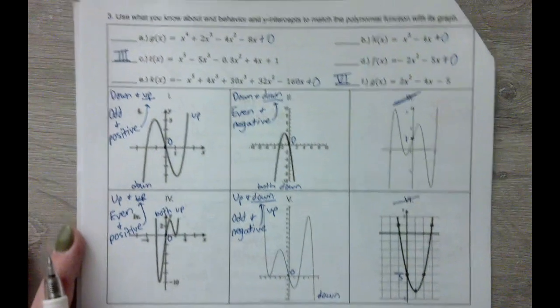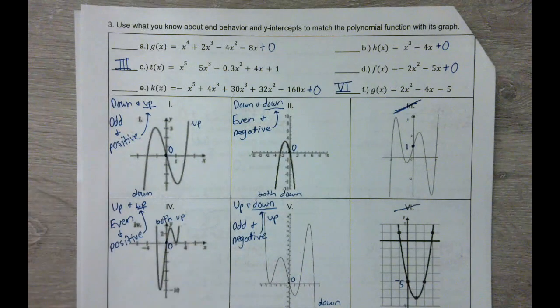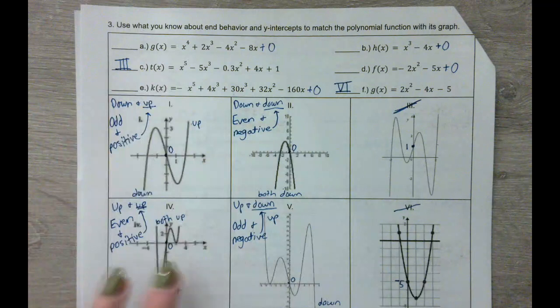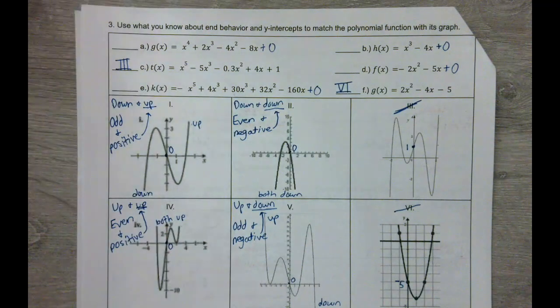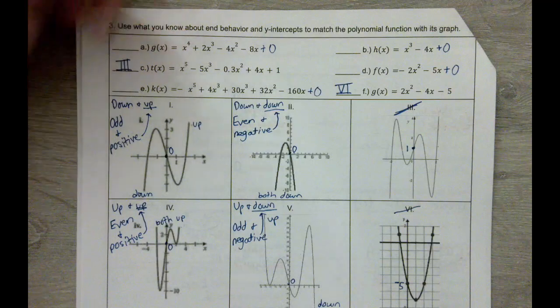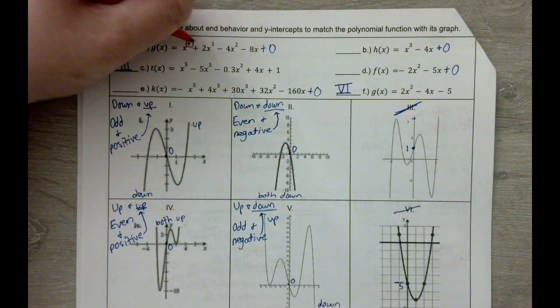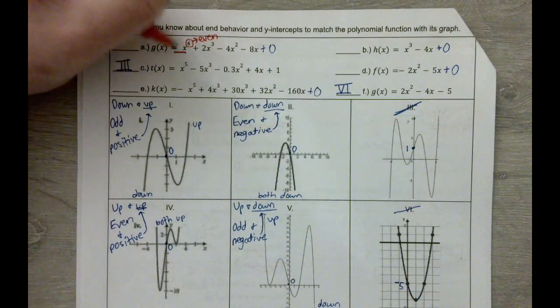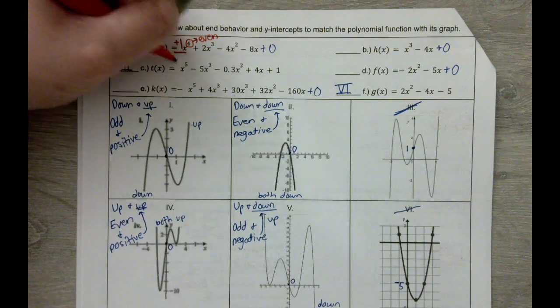So now let's identify even, odd, positive, negative for our 4 equations and then match them up with their graphs. So graph A, again, these are in standard form, so I can just pay attention to that first term. Our degree is even, and then our number in front is just a positive 1.